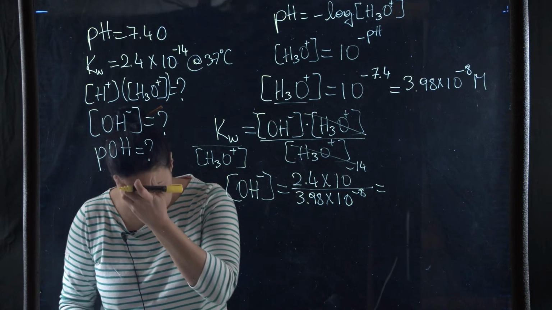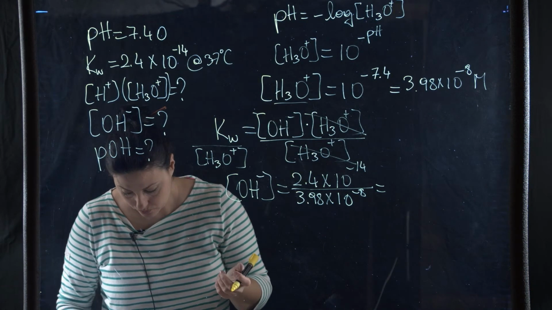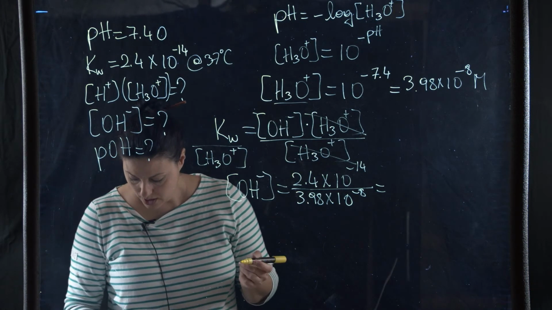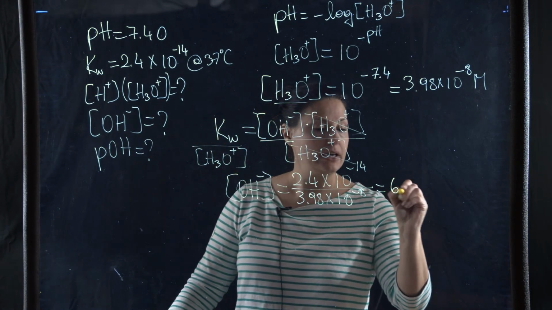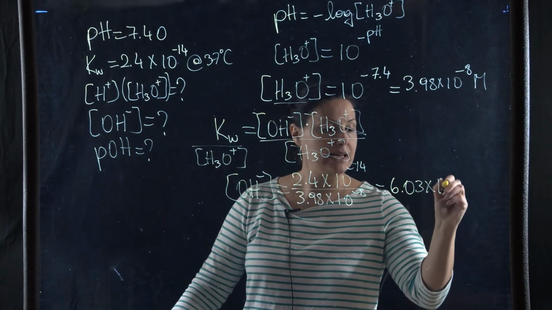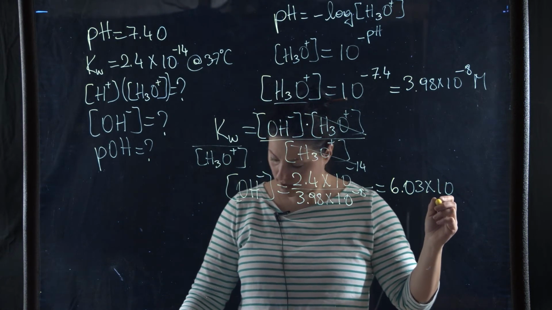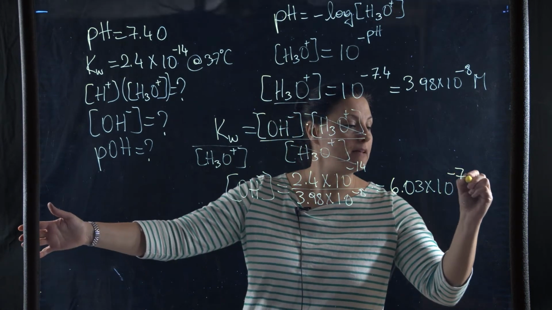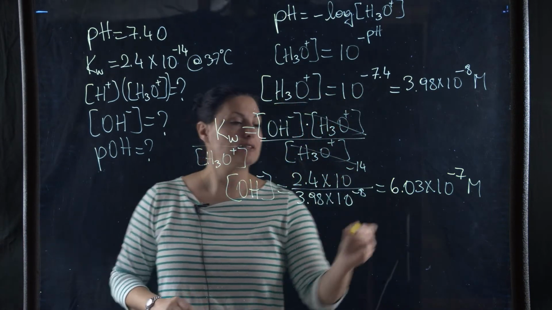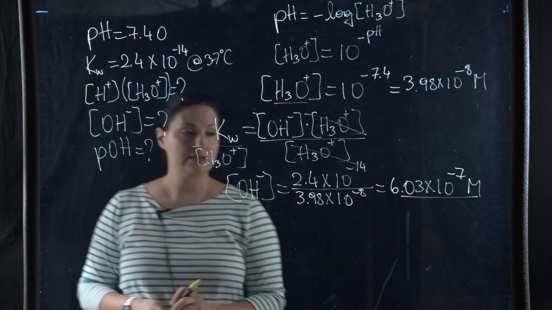This comes out to be 6.03 times 10 to the minus 7th molar. That is my concentration of OH minus.